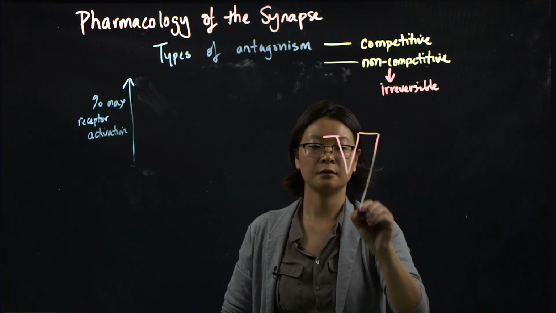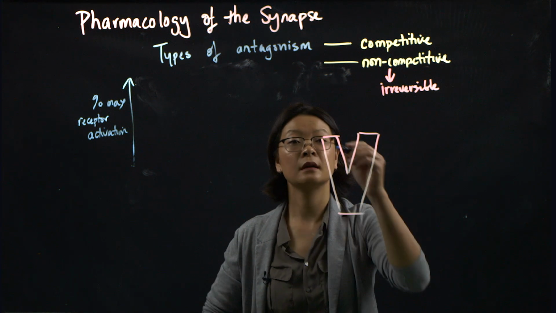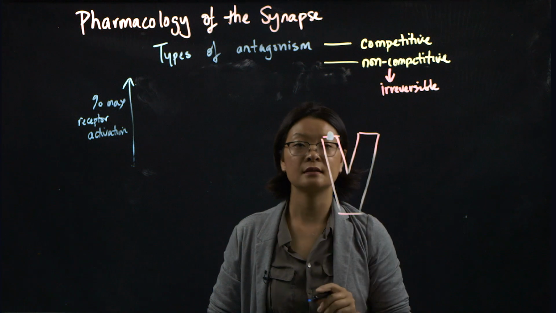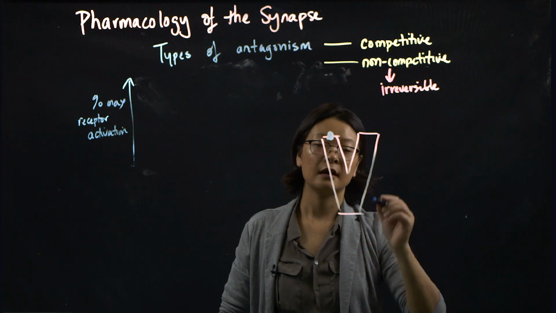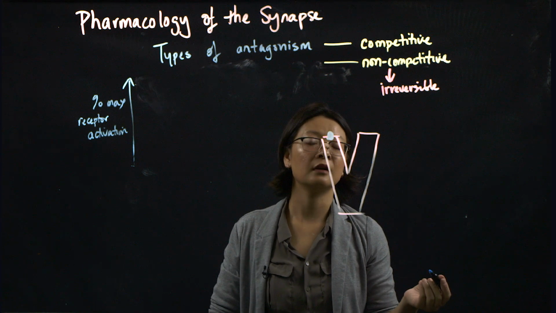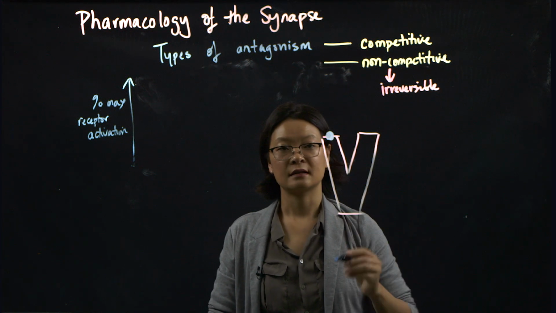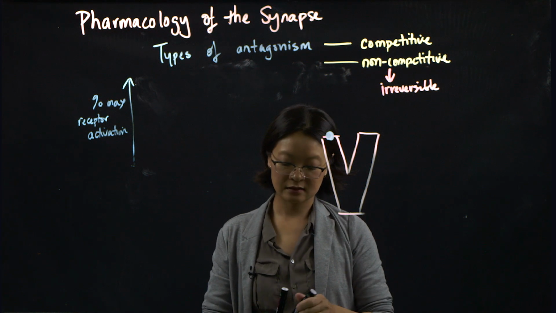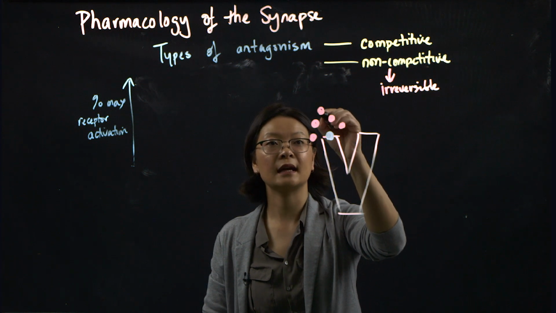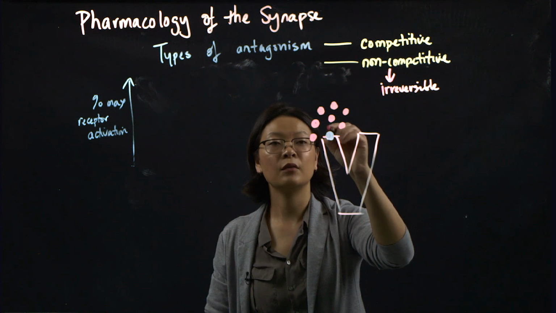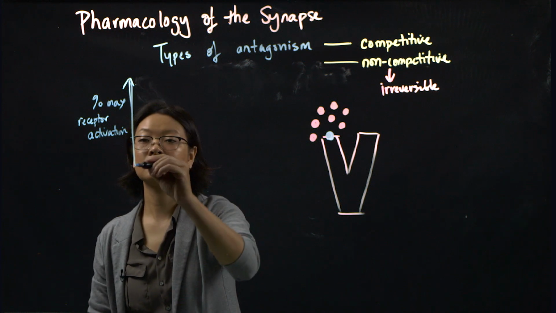So on your receptor, your antagonist occupies the same agonist binding site, but this time it produces either a covalent bond, so an irreversible antagonist, or it has such high affinity for this ligand binding pocket that agonists are essentially unable to outcompete. So it doesn't matter how much agonist you have around it, it will not be able to kick off the antagonist.